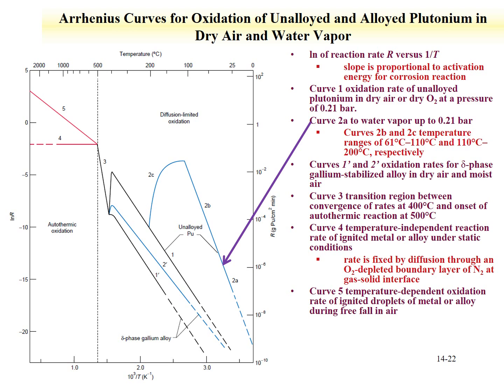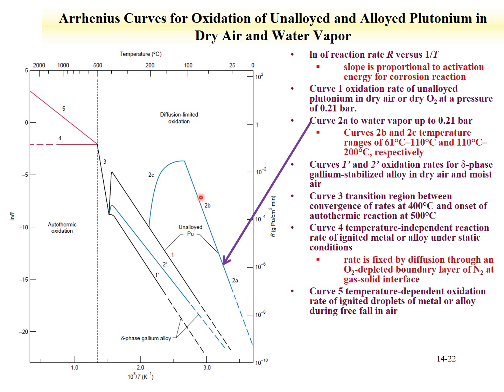This other curve is where we have our rates higher at the same temperature. So as we see here, 100 degrees, 200 degrees, this is the inverse of the temperature down here. We see that this includes water vapor up to 0.21 bar. We see that this has been examined over a few temperature ranges.